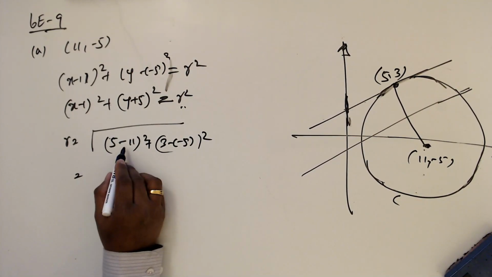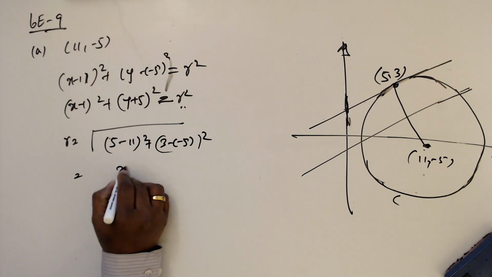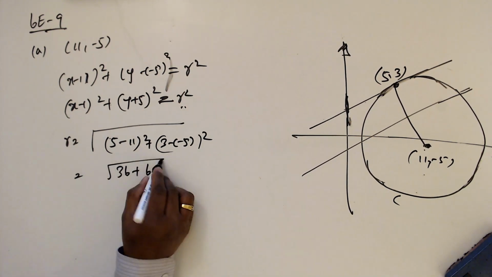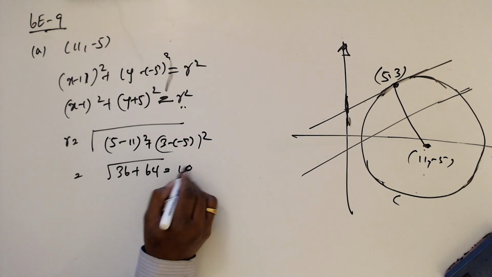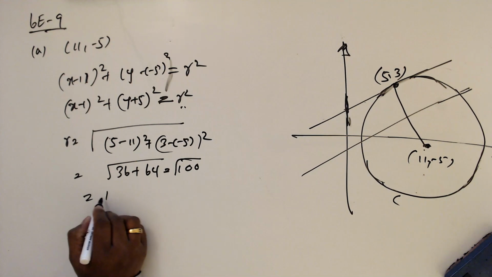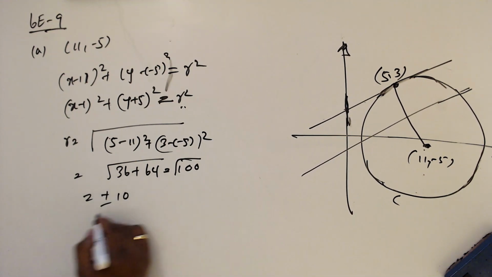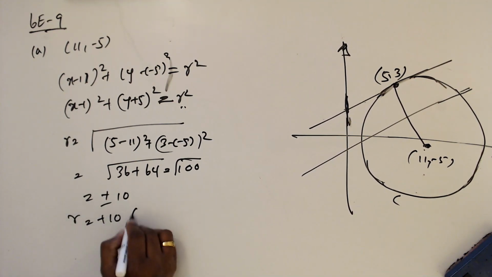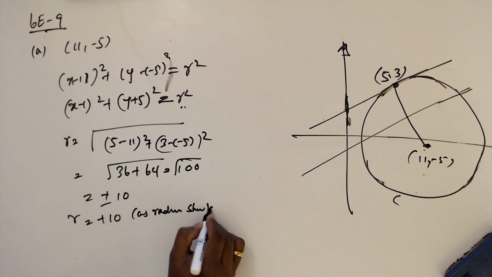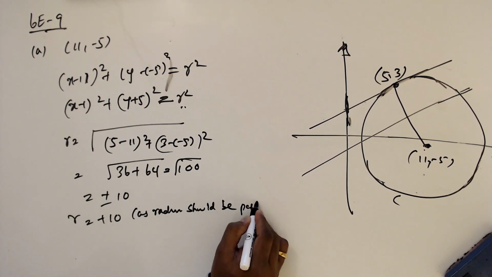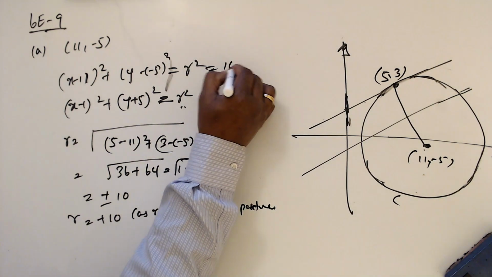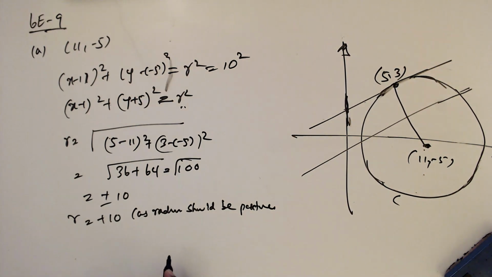This is (-6)^2 = 36, and this is 8^2 = 64. It's going to be the square root of 100, which is plus or minus 10. But r has to be positive, as the radius should be positive. So r = 10, and r^2 is 100.